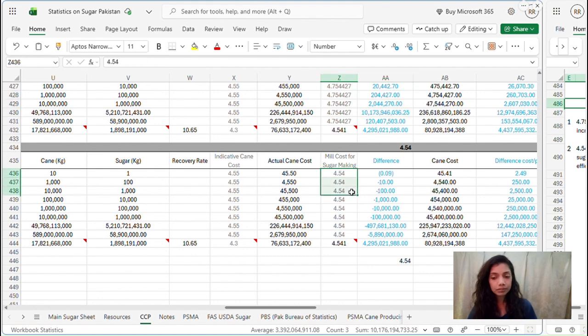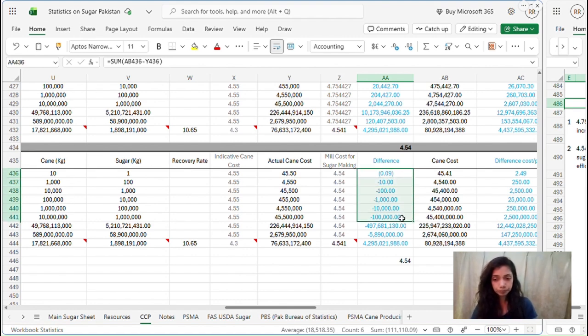Then when the number here is decreased, we made an inference that it is the cost that they are saving. Now this number that we arrived at here, 4.54, and this minus sign can also mean they had a bit better cane quality, so they were able to save this much amount.